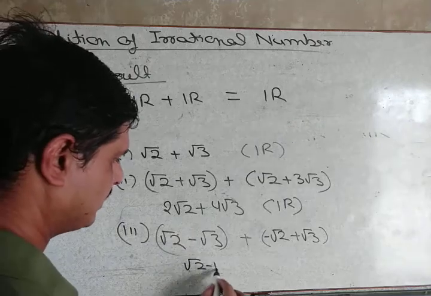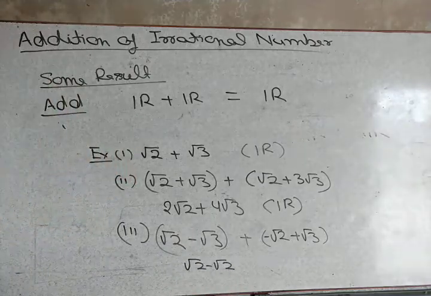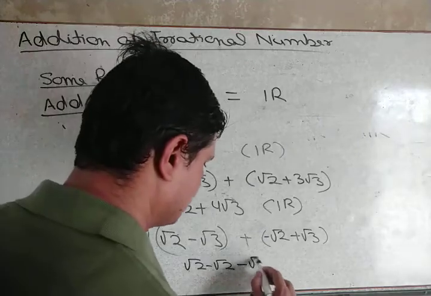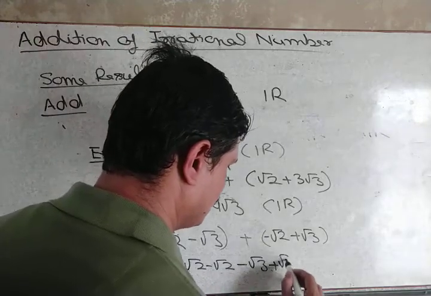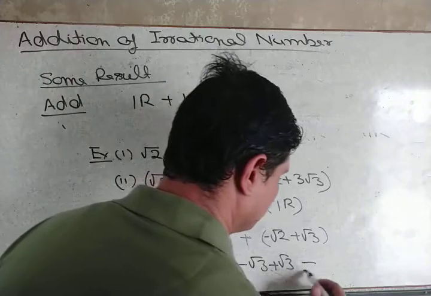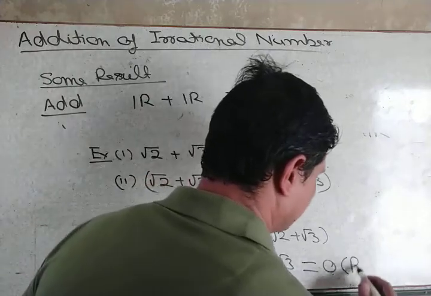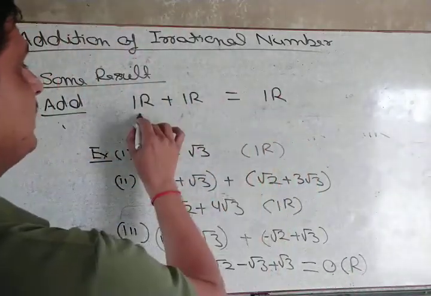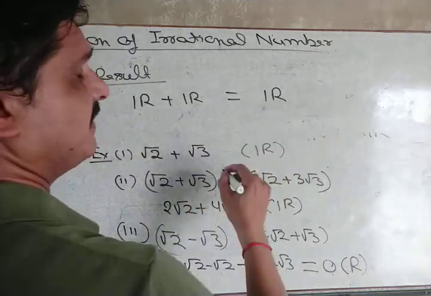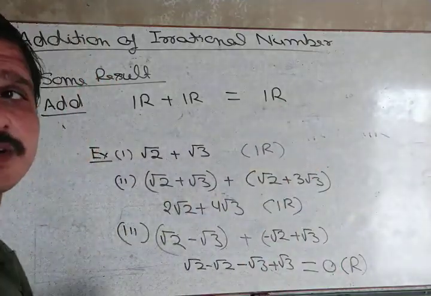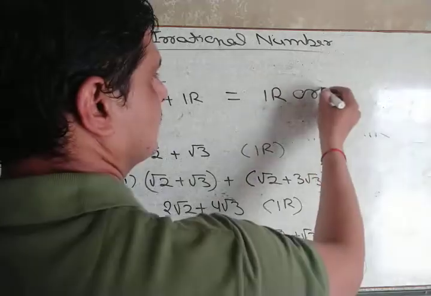Root 2 minus root 2, or minus root 3 plus root 3, all will be cancelled, we will get 0, and 0 is a rational number. So we can say when we add two irrational numbers, we will get either rational or irrational.